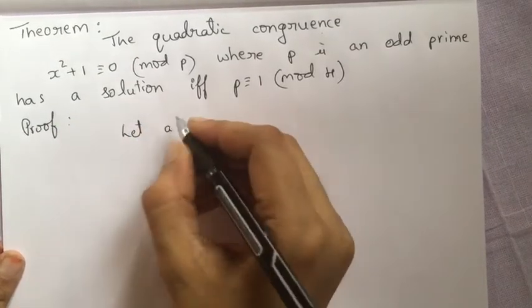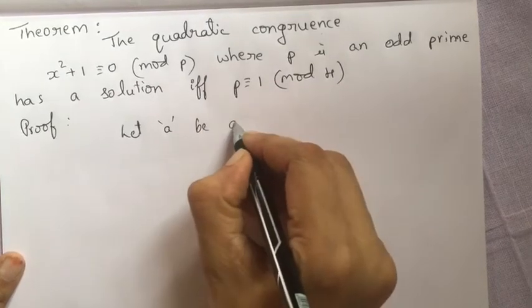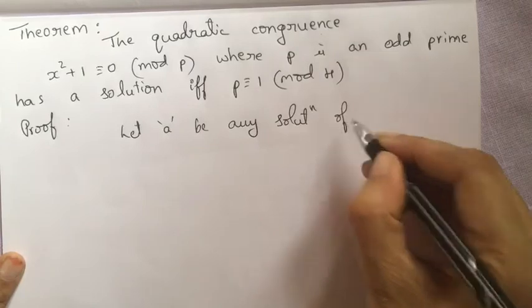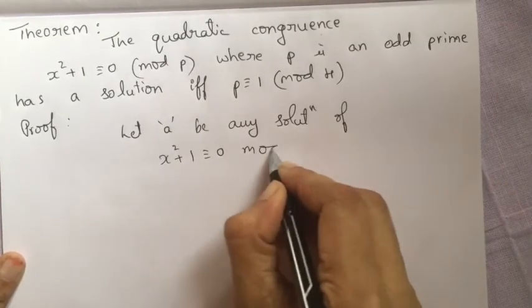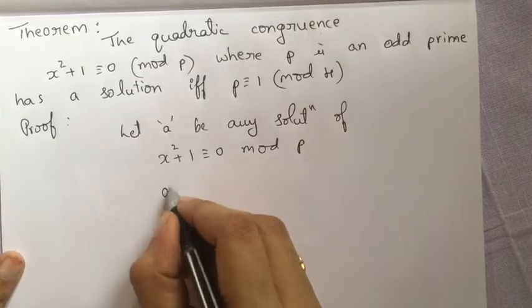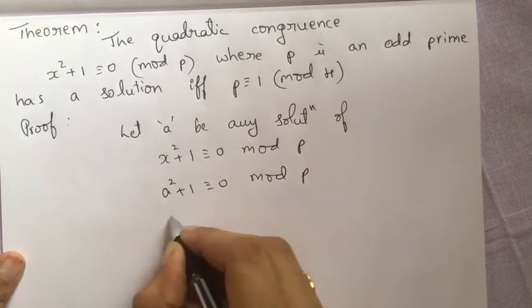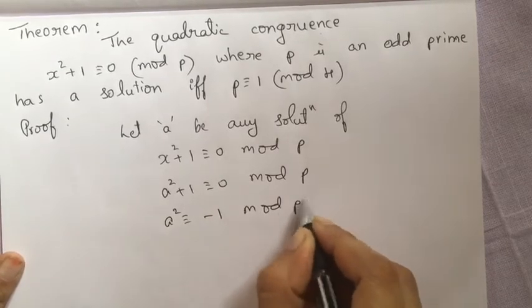Let a be any solution of x square plus 1 congruent to 0 mod p. Then a square plus 1 is congruent to 0 mod p, which is nothing but a square is congruent to minus 1 mod p.